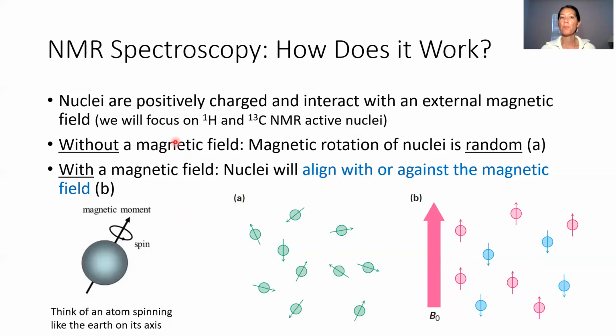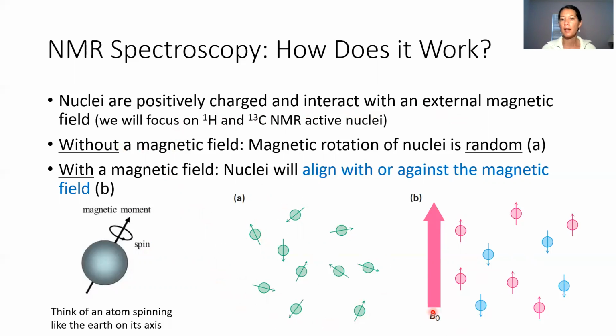Nuclei are positively charged and they'll interact with an external magnetic field. In general, without a magnetic field, the magnetic orientation of nuclei is just random. However, if you do apply a magnetic field, the nuclei will align with it or against it.